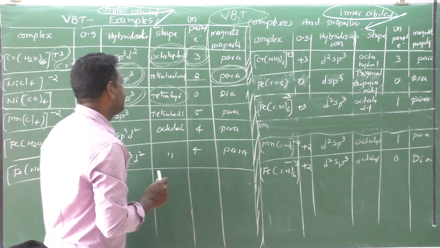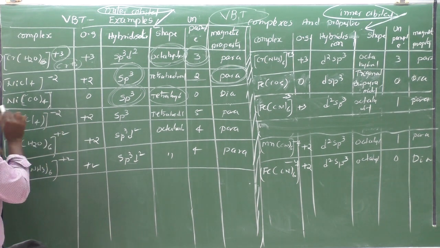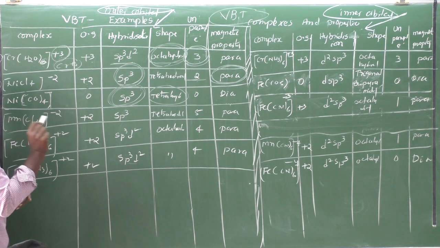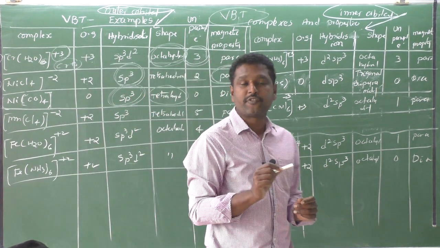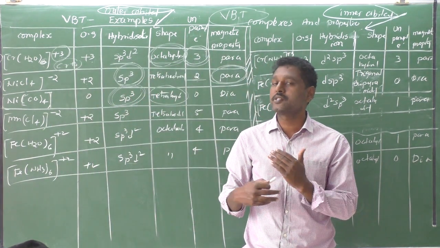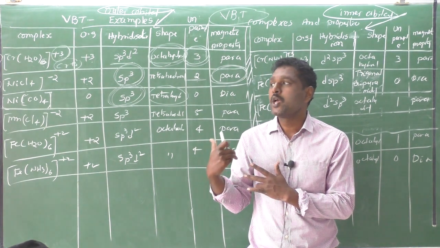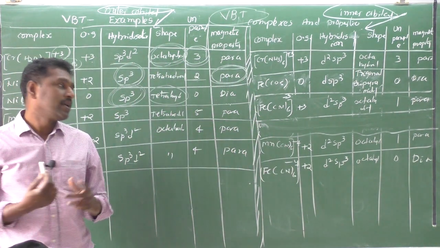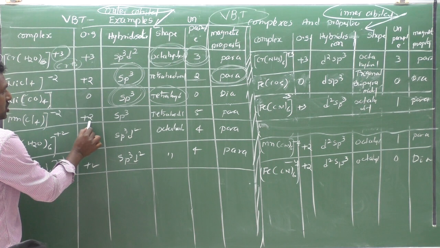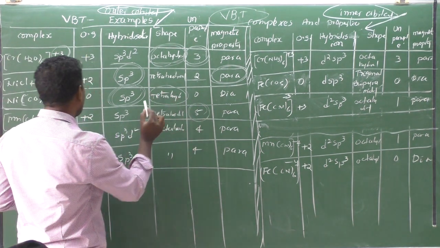After that, I will take one more example, [MnCl4]2-. First you should know the manganese oxidation number and manganese electronic configuration. If you remove 2 electrons, how does it exhibit? So in [MnCl4]2-, Mn is +2, sp3, tetrahedral, with 5 unpaired electrons.